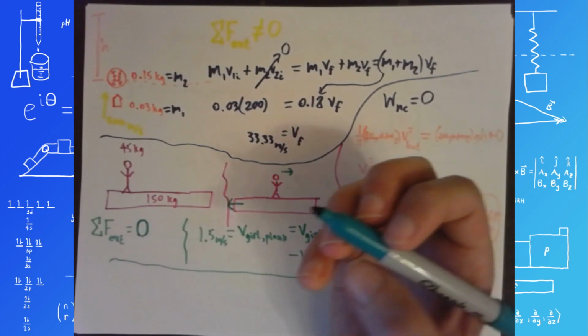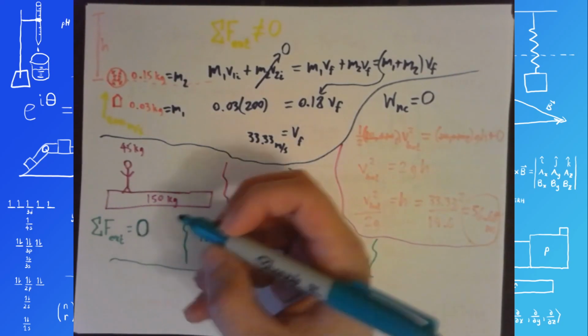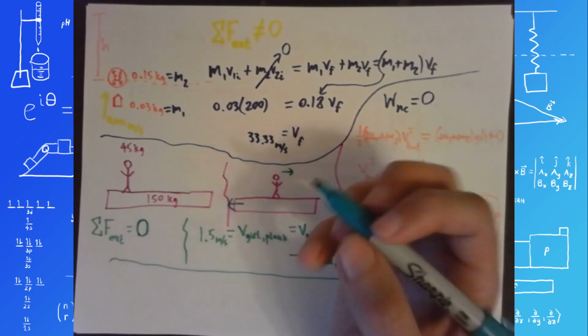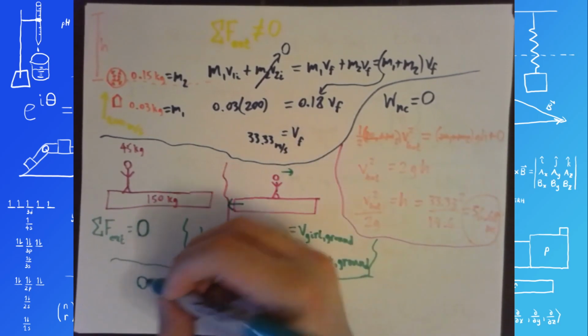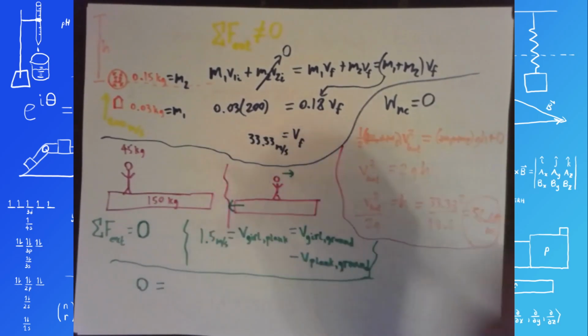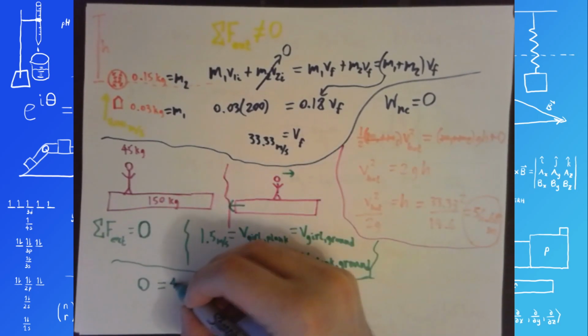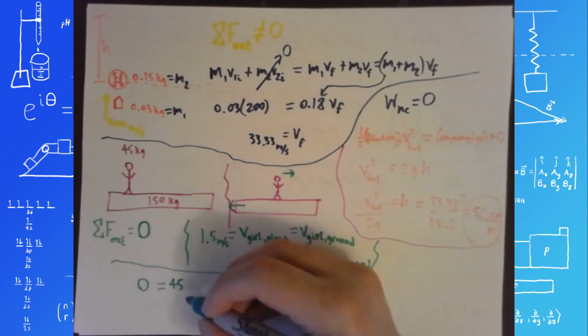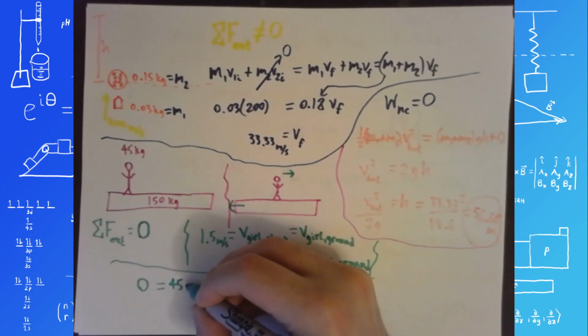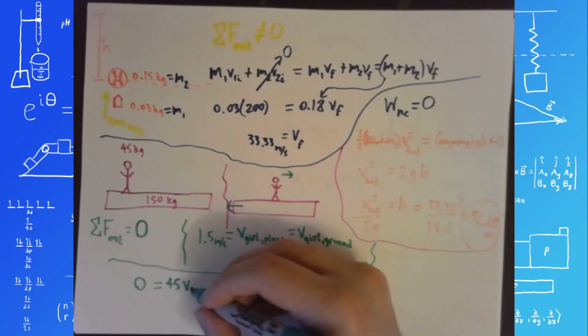Okay, then we can say m girl v girl initial, which is 0, plus m plank v plank initial, which is also 0, equals 45 times v girl relative to the ground.